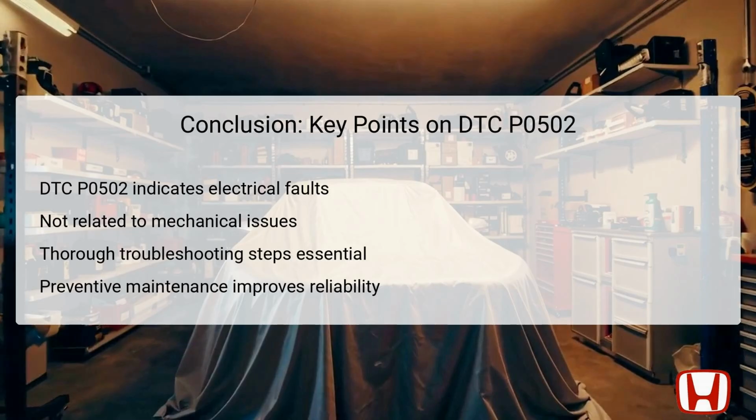Each step in the troubleshooting process targets specific components and connections, providing a systematic approach to identifying and rectifying the problem. Adopting preventive maintenance practices can significantly enhance vehicle reliability and performance, reducing the risk of similar faults emerging in the future. By remaining vigilant and proactive, vehicle owners can ensure their Honda Civics continue to operate smoothly and safely.